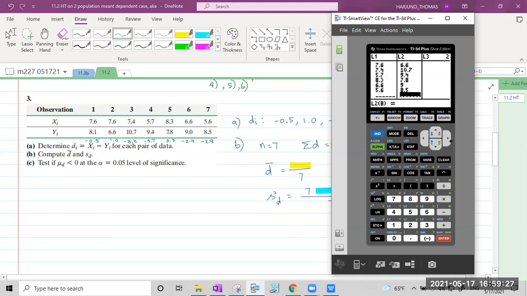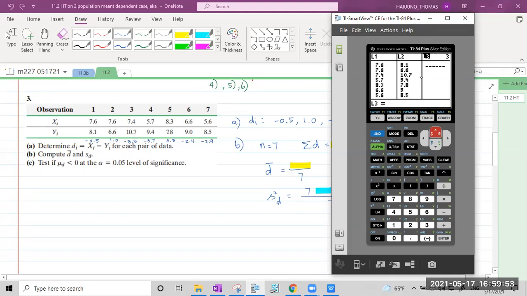Go on to L3. But instead of inputting the differences one by one, I tell the calculator the formula I will use for L3. So you go up. You see the highlight right now is L3.